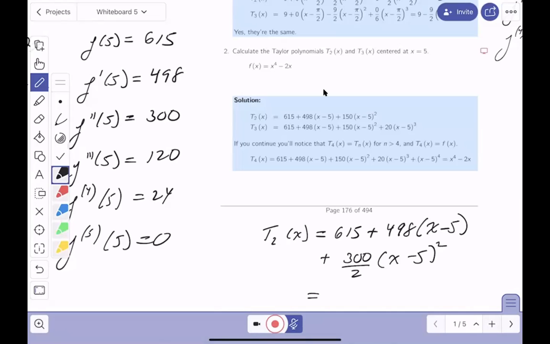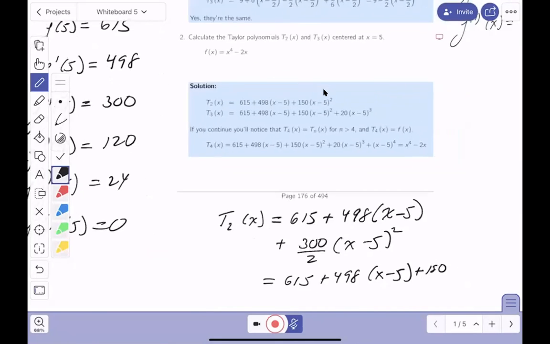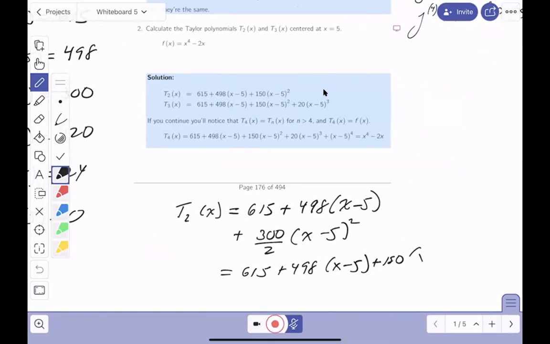If you simplify that, you get 615. I'm not going to multiply that, though, by the way. Whoops, I spoke and I wrote something wrong. Plus 498 times (x minus 5), plus 150 times (x minus 5) squared. That's T2.